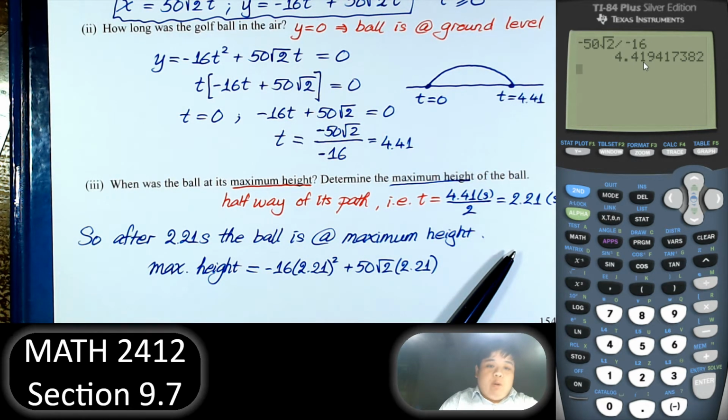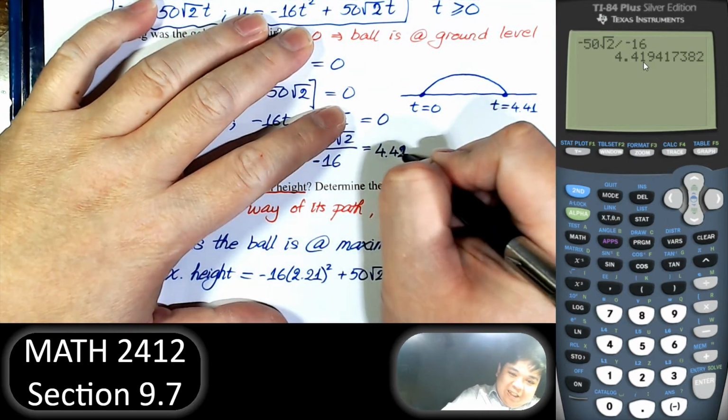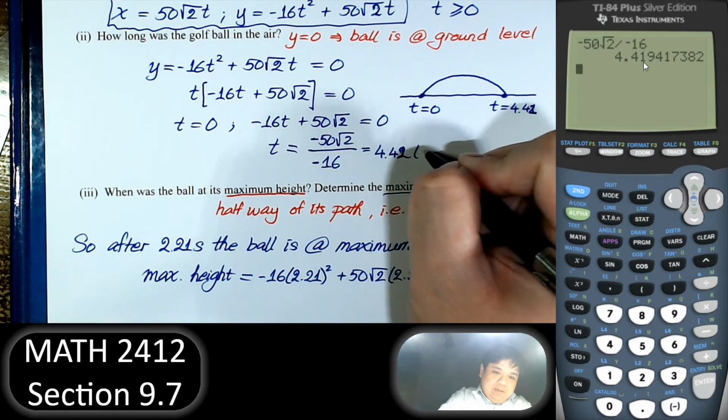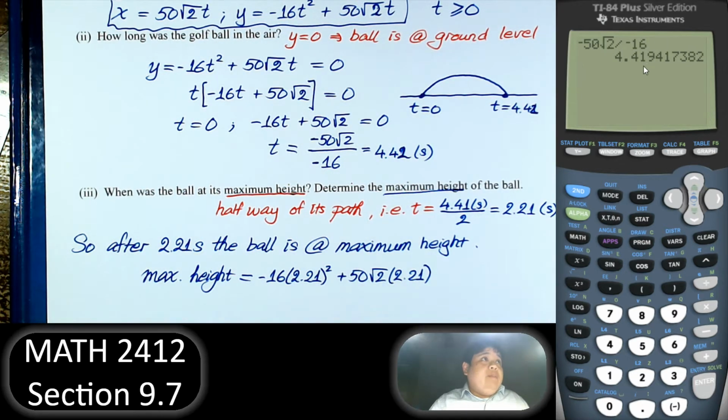Actually, it should be 4.42, if I round that up. So I will take this divided by 2 and store it into t.